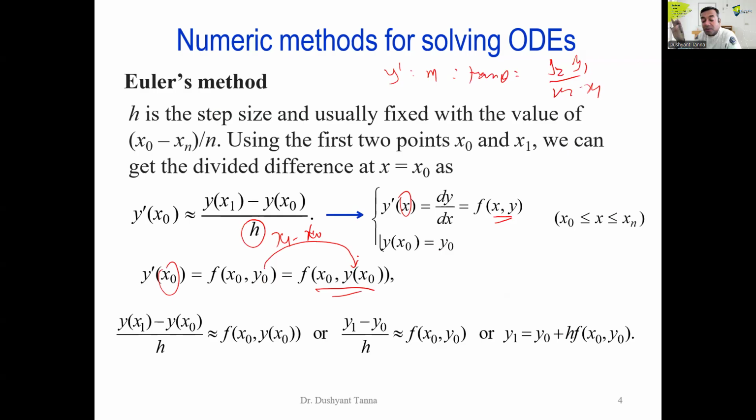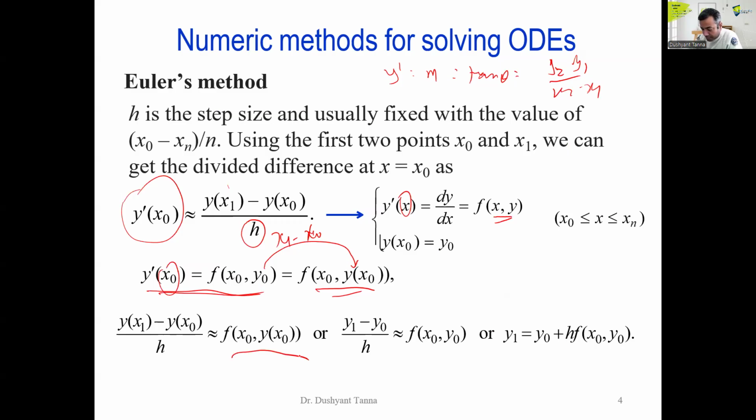Honestly, if you find this difficult or confusing, don't worry too much about it. Focus on a problem, solve, and that's it, right? Now, this bit here, y of x1 minus y of x0 over h, which is your y dash. But what is your y dash? F of x0, y0.